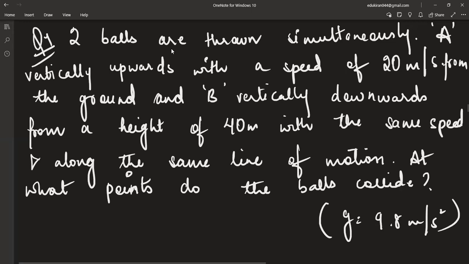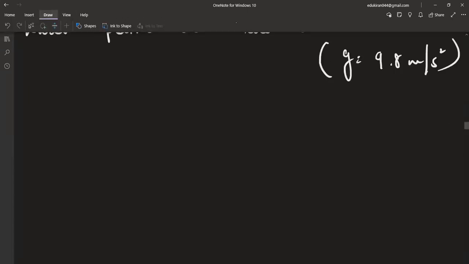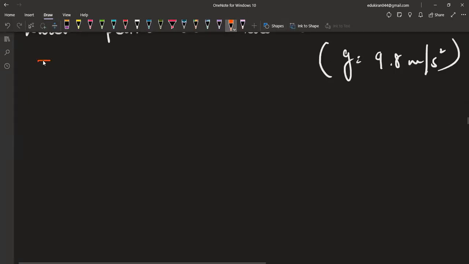See, two balls are thrown simultaneously. A is thrown vertically upwards with 20 meters per second. Suppose, let's say a tower or something is there. This is a ball thrown upwards with initial velocity 20 meters per second.